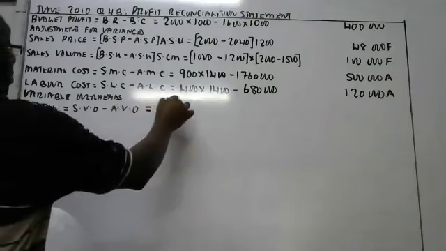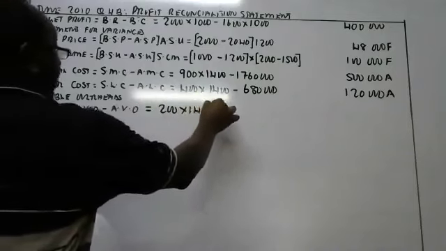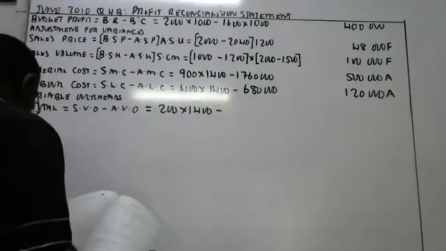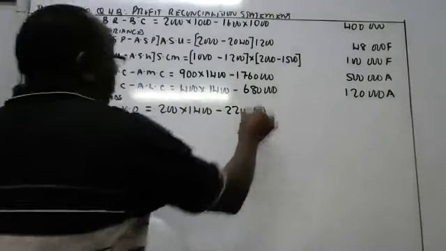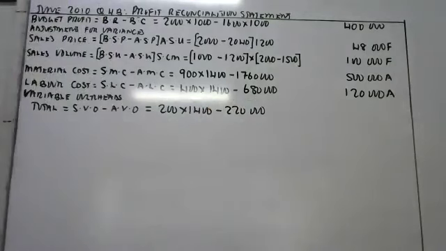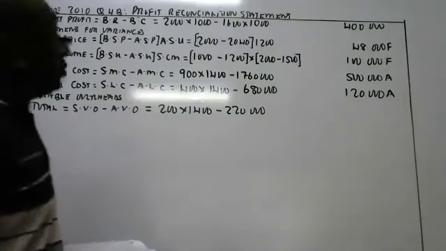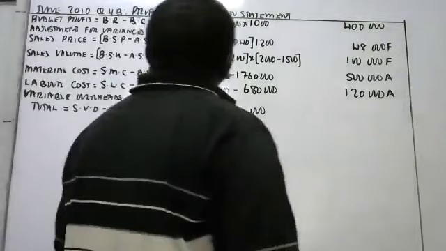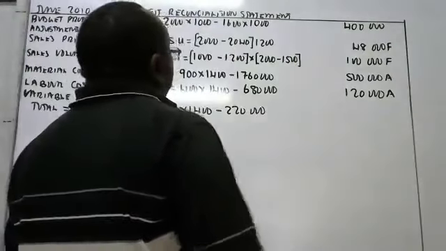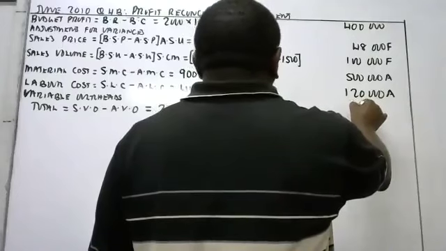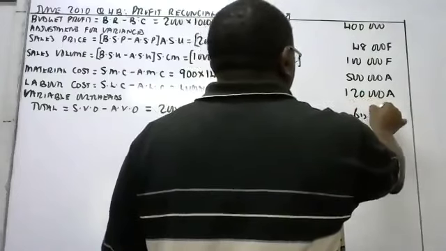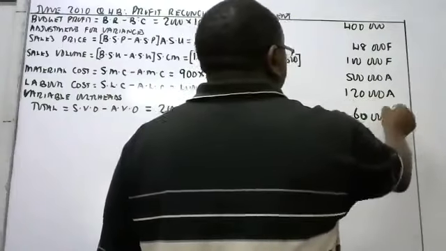So it is 200 multiplied by the units, 1,400, minus the actual of 220. That gives $60,000 favorable.